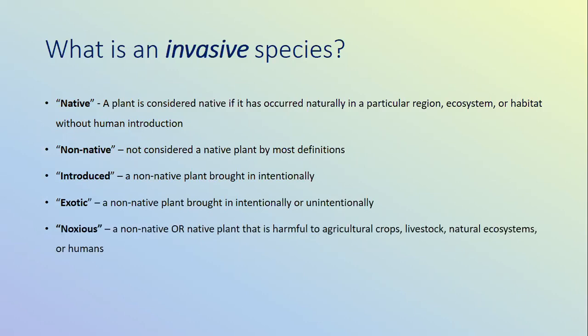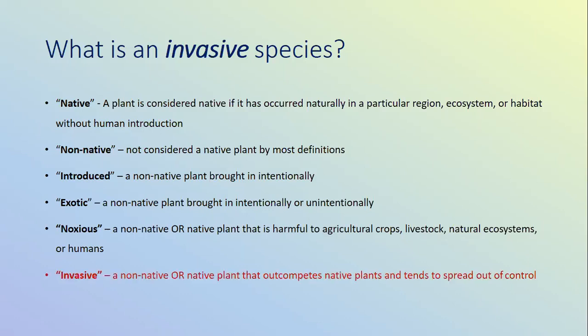There are also noxious species, which almost always go hand in hand with invasive species. But these actually can be native plants, and these are any plant that is harmful to crops, livestock, ecosystems, and humans. In a lot of cases, these might be poisonous or something like that.